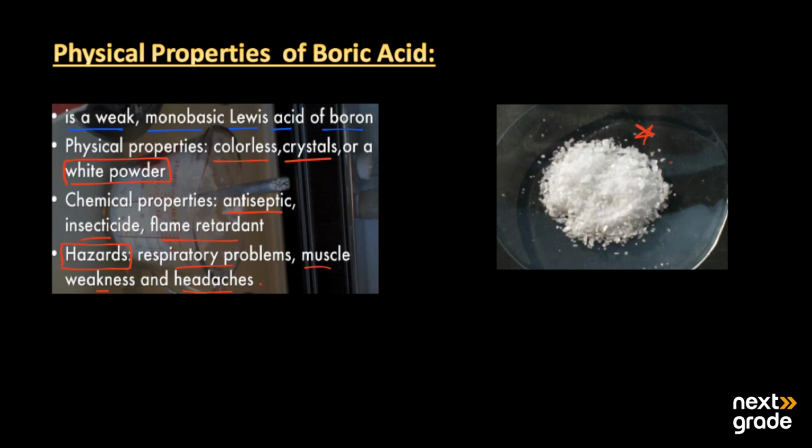Mainly it is present in the form of crystals, and white crystal means it is mainly colorless. Its other physical property is that it is volatile in steam. In steam we have the vapors of water.